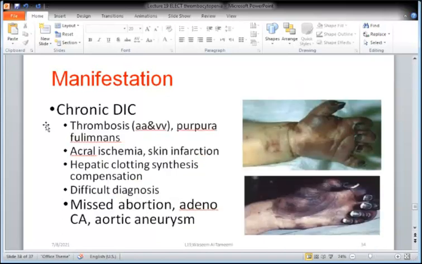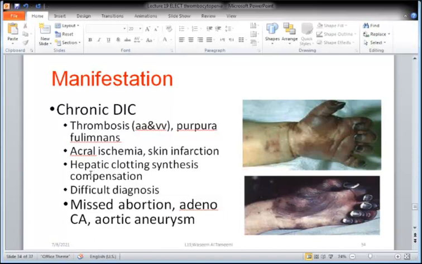The second form of DIC is chronic DIC, where thrombosis is the common presentation, as we see here: ischemic limbs induced by thrombus formation. This is usually chronic DIC. It is induced by thrombosis, which may be arterial or venous. Clinically, this extensive thrombosis with ecchymosis plus gangrenous limbs we call purpura fulminans, associated with acral ischemia, as we see in the picture, with skin infarction.